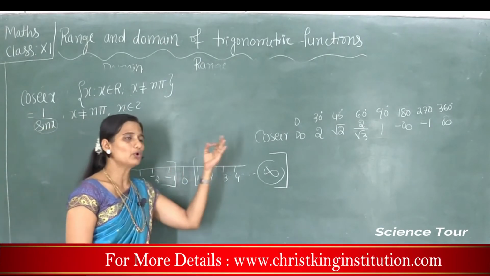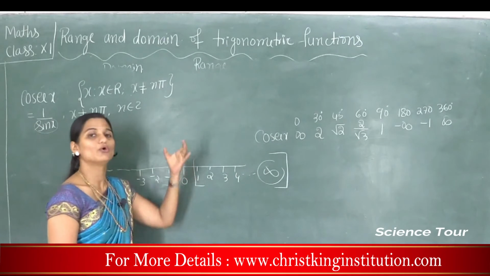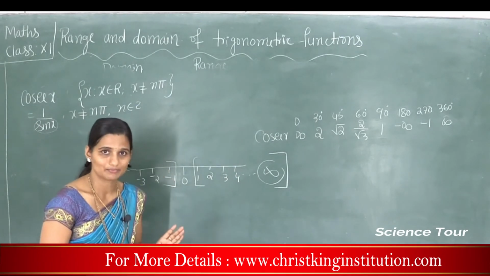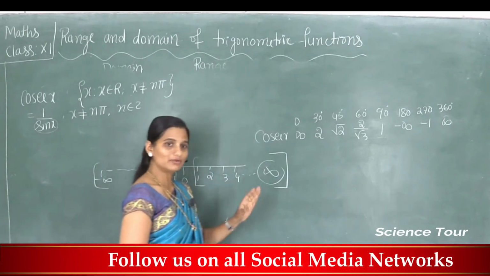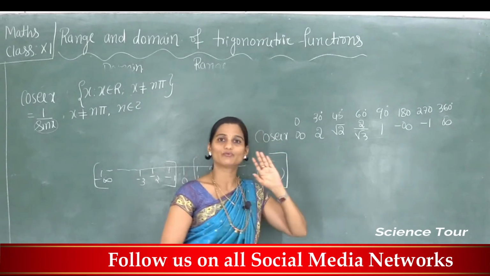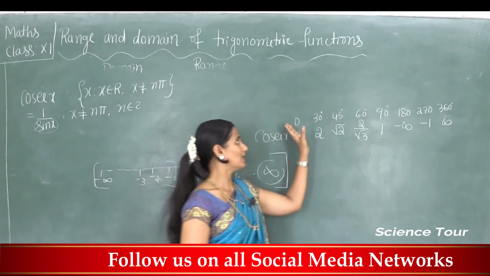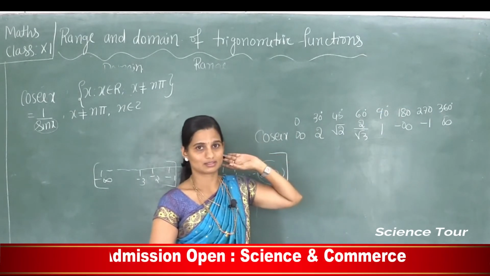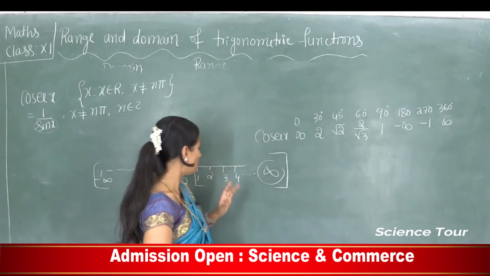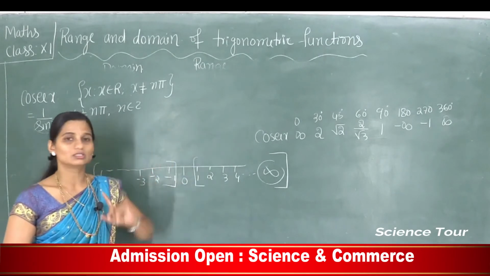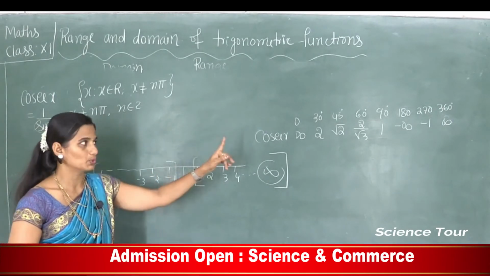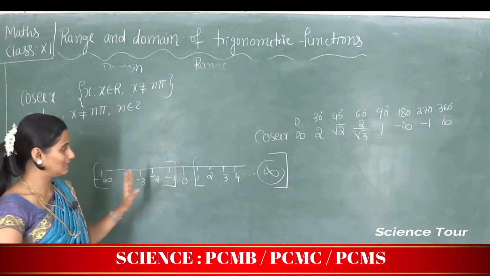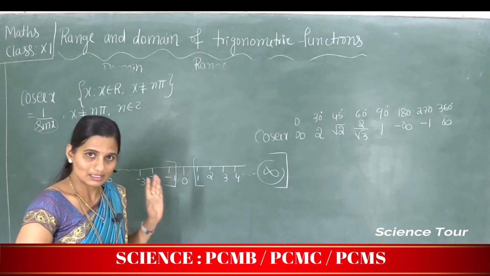It does not hold 0 for any angle. Whatever the value of cosecant is, we can identify it by these standard angles. So we don't get 0 for any angle. Is this clear?